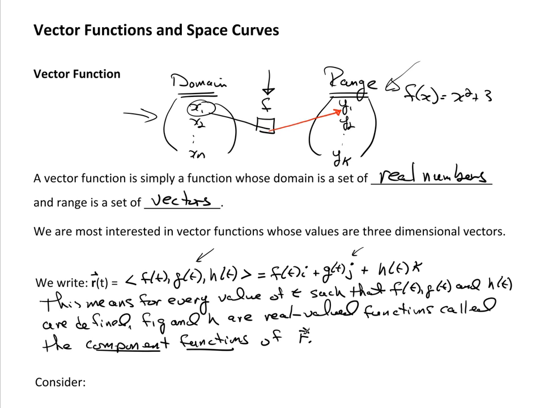Now, we use t as the independent variable typically because it represents time, and in most vector function applications, we're probably dealing with time.